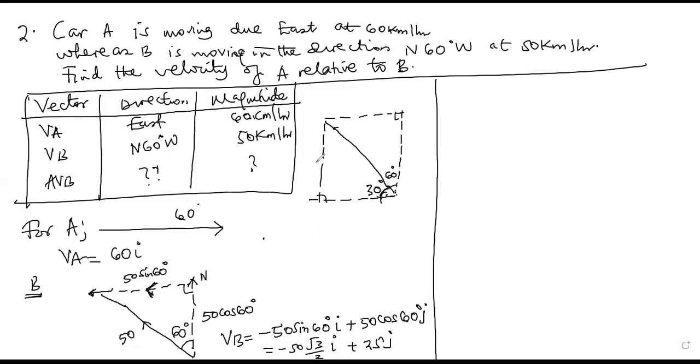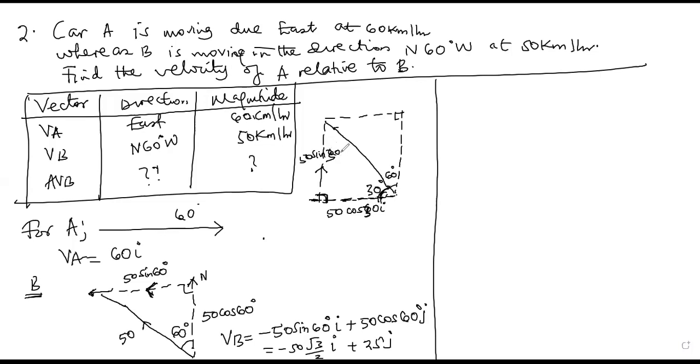And when you use the 30 degrees here, it means that this one will be the cos, because this is where you have the adjacent, this is our adjacent, an angle and the 90. So this will be 50 cos 30 i, and this will be 50 sine 30. Now there you use a 30.